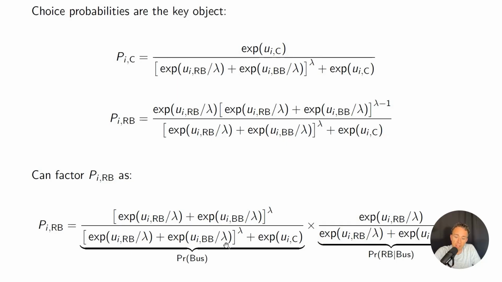And then across the nest, there's something that also looks like a logit probability, except we have these lambda exponents hanging around. So this is where we can kind of say that at each level of the model, we have something that looks like a type 1 extreme value or an IIA form. But then once we get into any specific alternative, it looks like something that's not IIA.